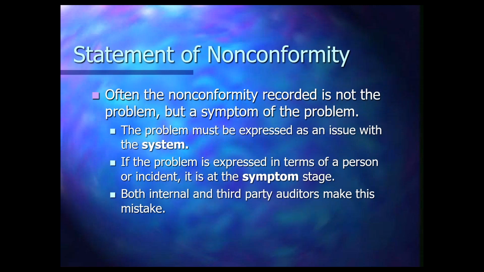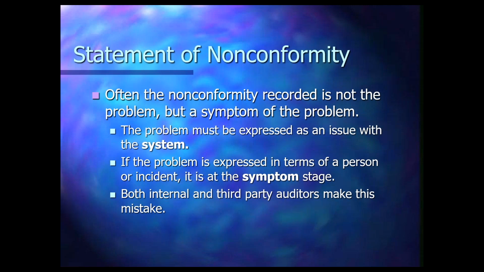So let's begin with the statement of nonconformity. One of the issues that we see with auditors that are not fully competent in this particular skill set is they will write the issue as a symptom of the problem rather than the problem itself.